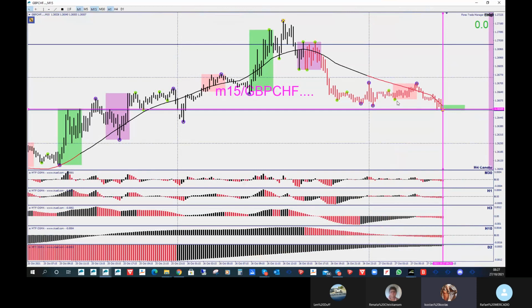Usually you already have a move here when you take the 3 ball. So in this case, we have a first entry when we have this 2 ball retracement. It is an entry in the 15-minute chart, and now you enter here, and you are looking to get out for 14, 15 pips.